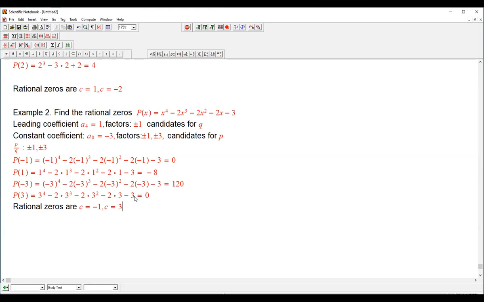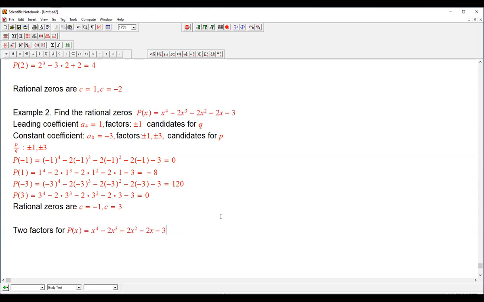Wonderful. Once we get to this place, suppose we want to thoroughly factor this polynomial. What do we do? Because now we know we have 2 factors for a given polynomial.